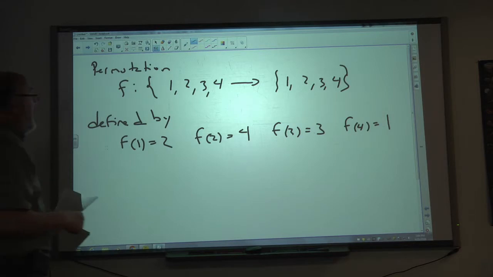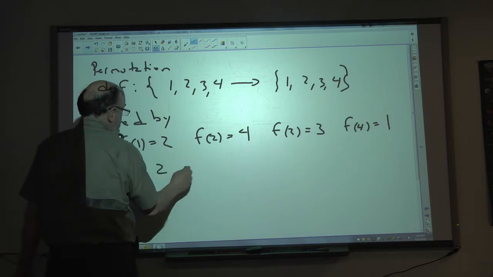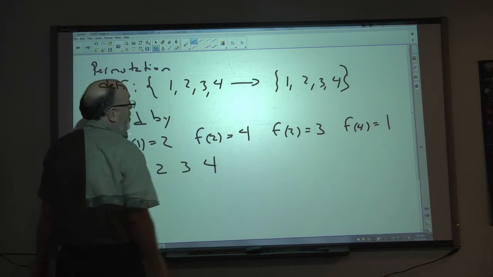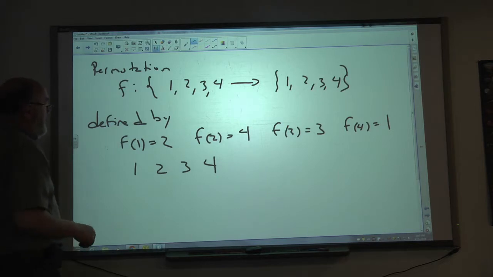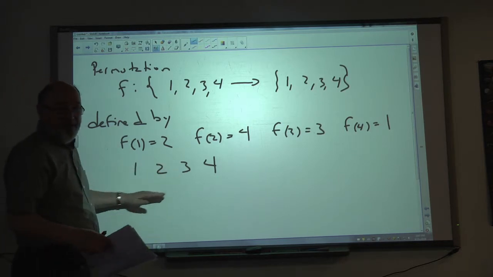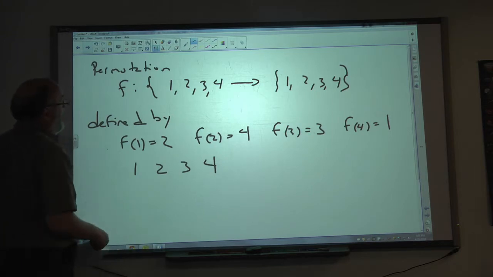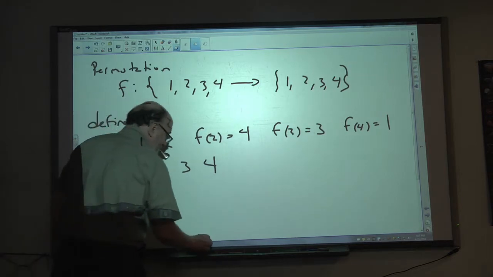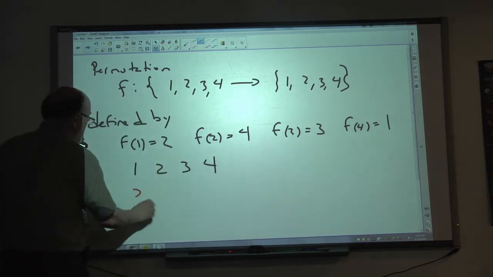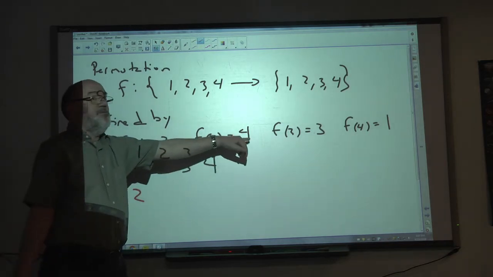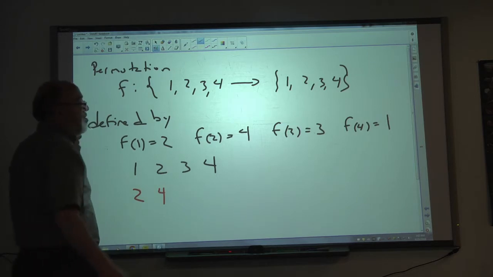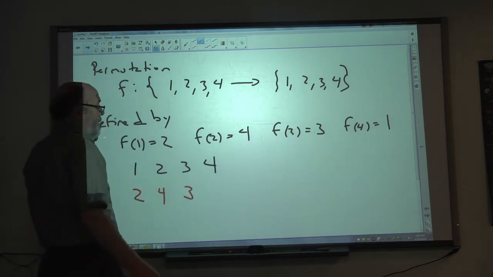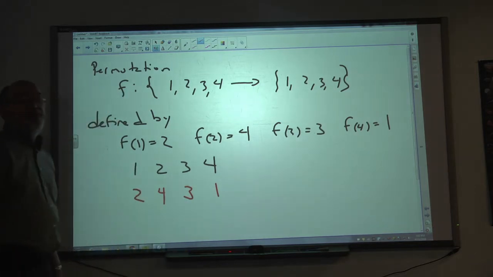So if I look at this, I have the numbers 1, 2, 3, 4. Really these are my x numbers, and then down here I'm going to have my y numbers. So we said 1 goes to 2, 2 goes to 4, 3 goes to 3, and then 4 goes to 1.